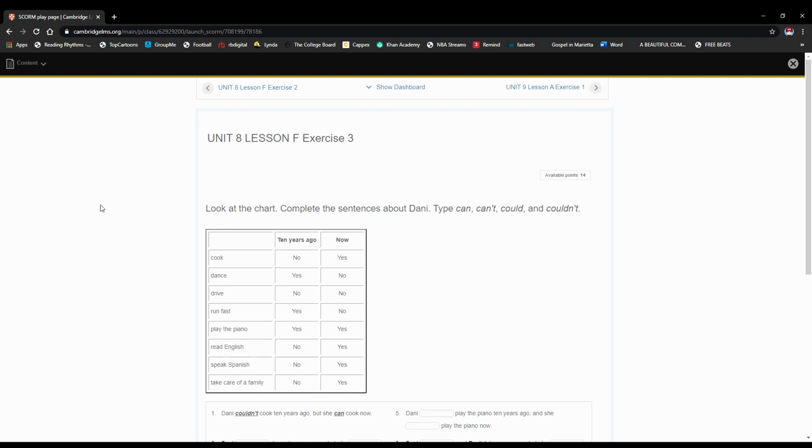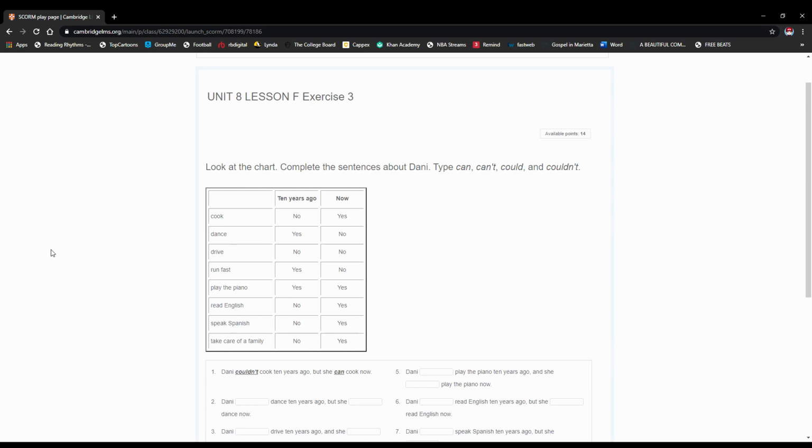Remember that I use can or can't for abilities in the present, things I can do in the present, and I use could or couldn't for abilities or things I did in the past. Okay, so let's take a look at exercise 3, page 101 in your workbook.